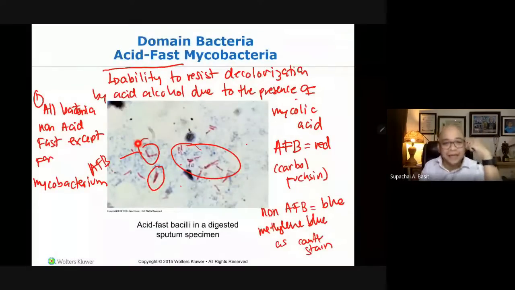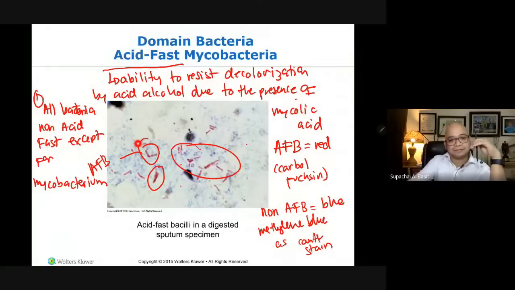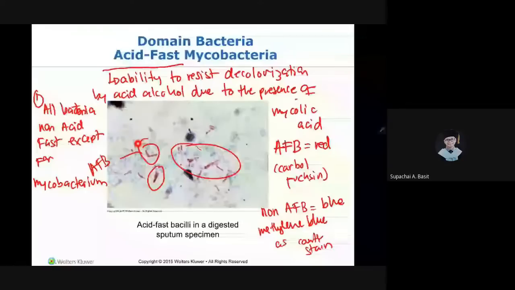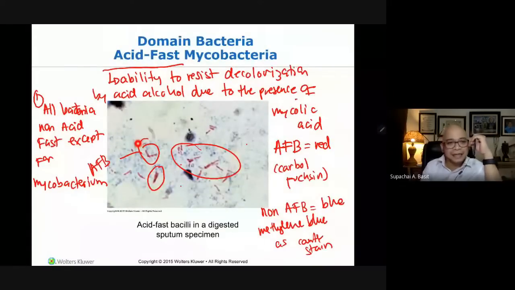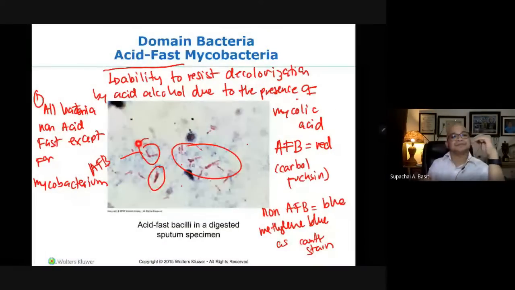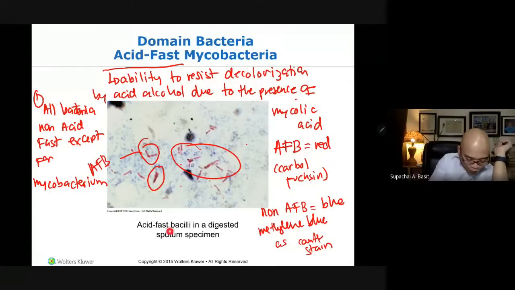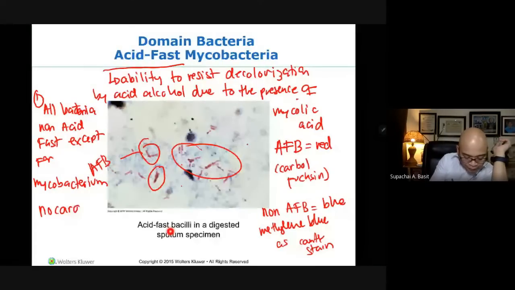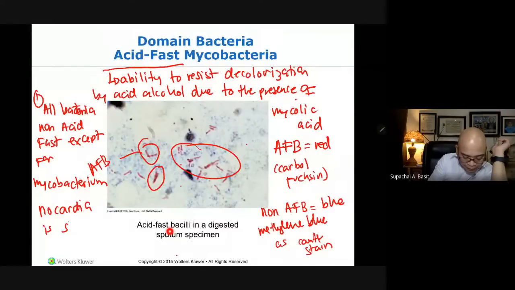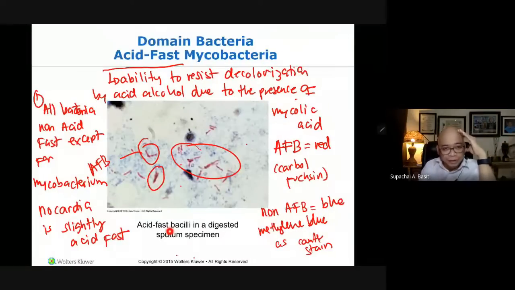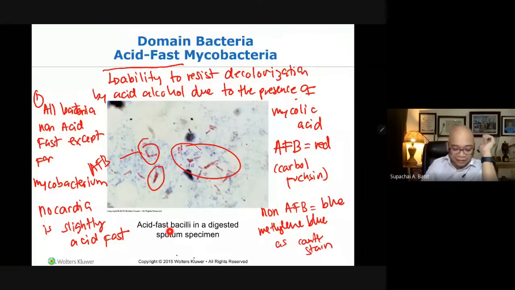All bacteria are non-acid-fast except for Mycobacterium. And then Nocardia is slightly acid-fast. Okay, so these are the rules in acid-fast stain.